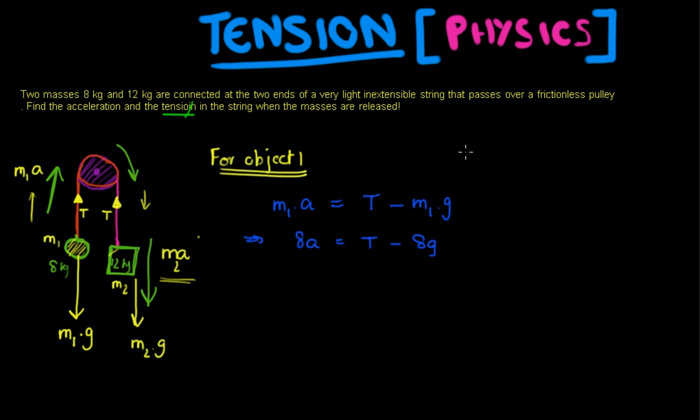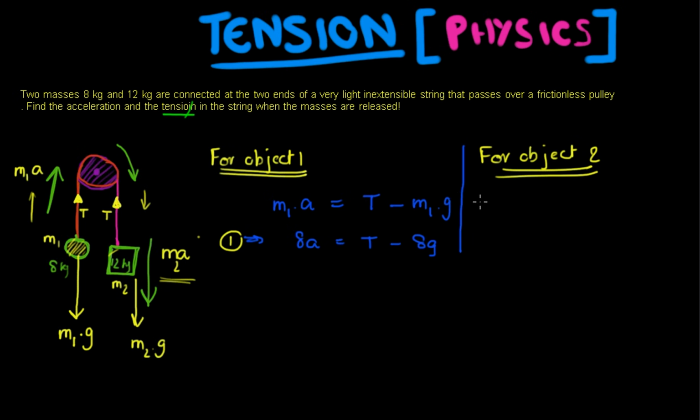Now let's come to object 2. Let's name this the first equation. And this is object 2. Alright, so object 2 is moving downwards.